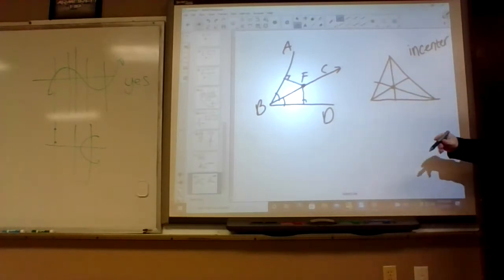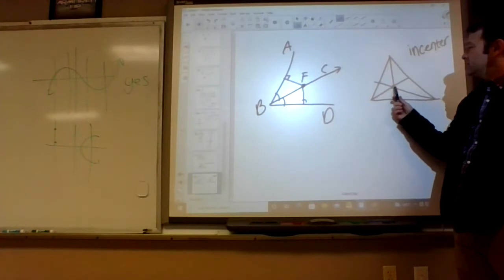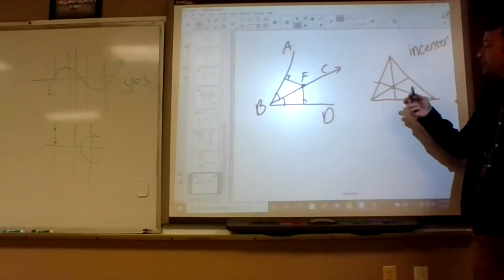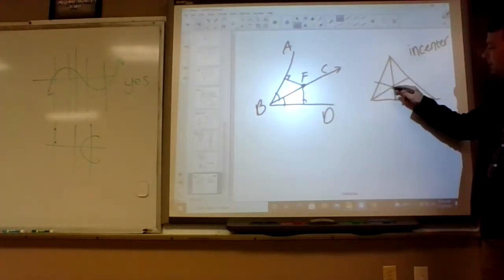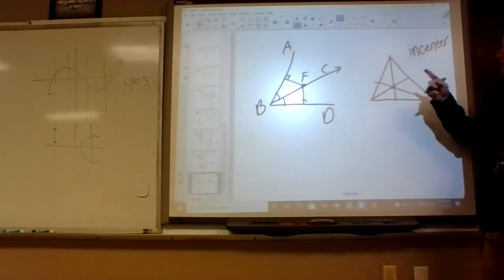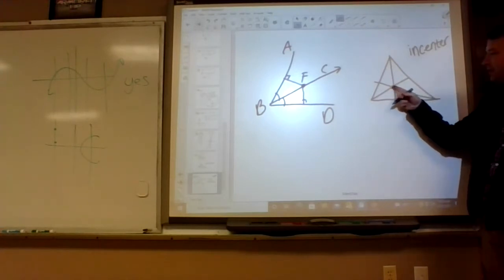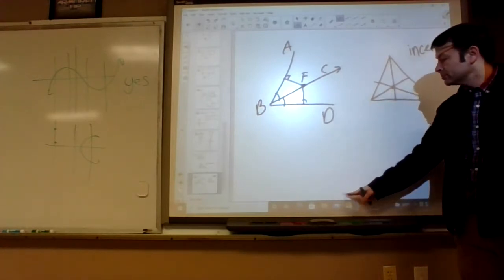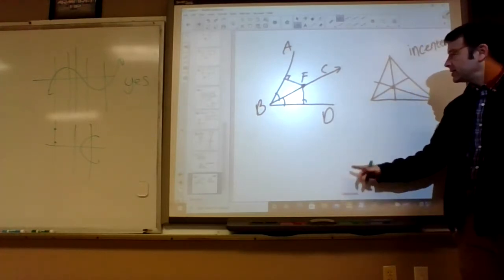And so we know that the incenter, because of this thing right here, is going to be the same distance from the sides. Like from here to here, and here to here, and here to here. It's not really these lines right here, but there's a line right next to it. If I draw a perpendicular line from this point down, those should all be the same distance, if I drew it perfectly.